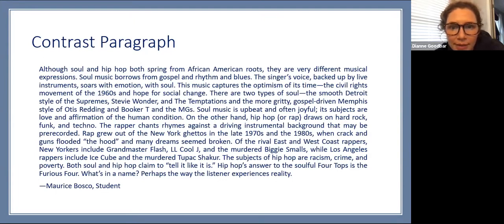On the other hand, hip-hop, or rap, draws on hard rock, funk, and techno. The rapper chants rhymes against a driving instrumental background that may be pre-recorded. Rap grew out of the New York ghettos in the late 1970s and the 1980s, when crack and guns flooded the hood and many dreams seemed broken. Of the rival East and West Coast rappers, New Yorkers include Grandmaster Flash, LL Cool J, and the murdered Biggie Smalls, while Los Angeles rappers include Ice Cube and the murdered Tupac Shakur.